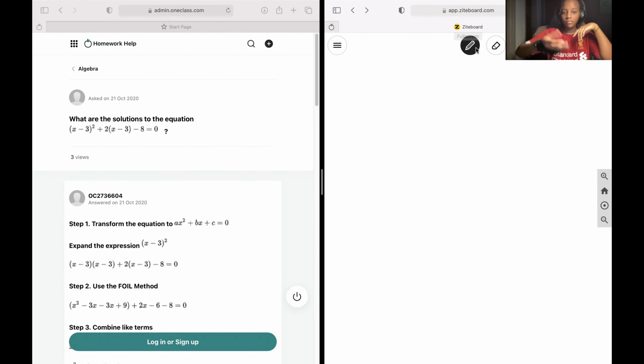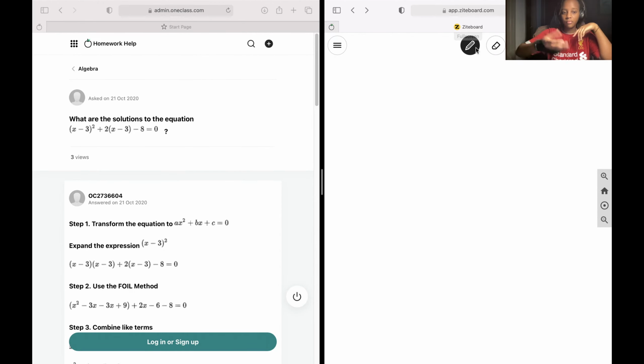Sum should be 2. And what numbers could give us that? It would be 4 and -2, because when we add them, we get 2, and when we multiply them, we get -8, which means that our zeros are u plus 4 and u minus 2 is equal to 0, which means u is equal to -4 and u is equal to 2 for this equation to be true.